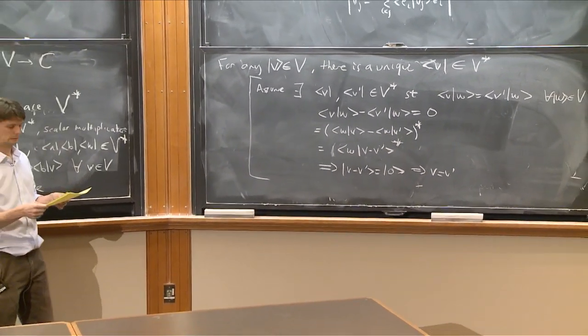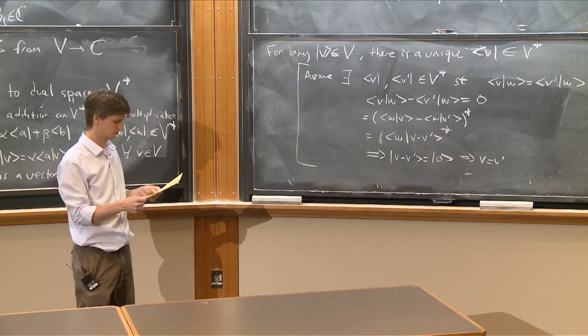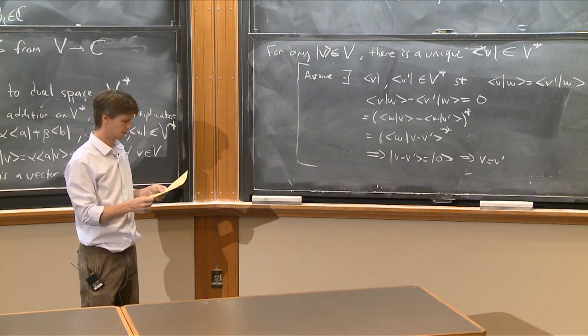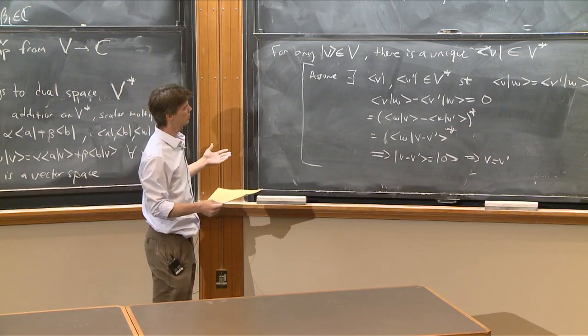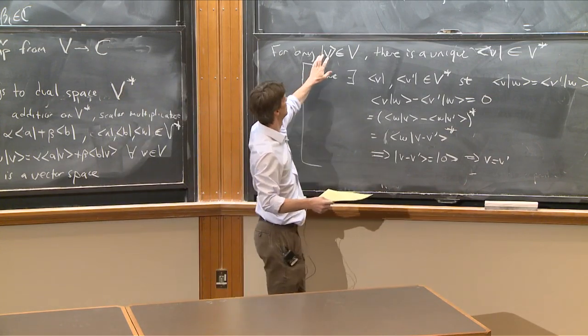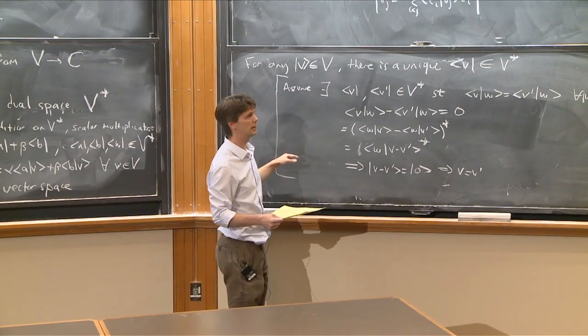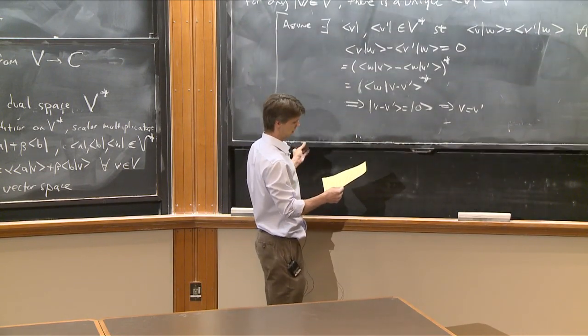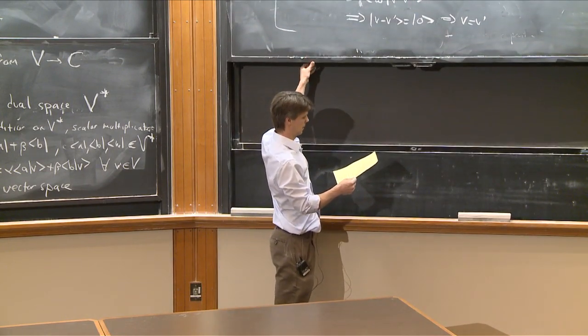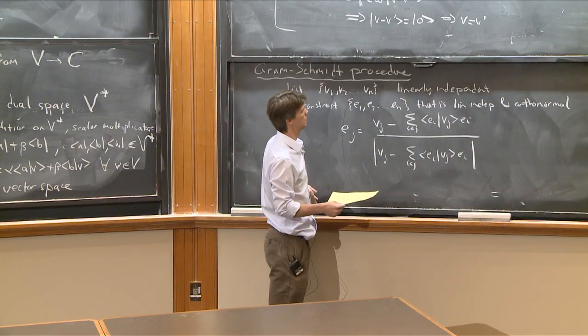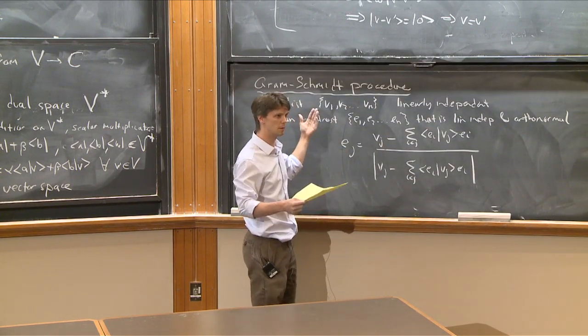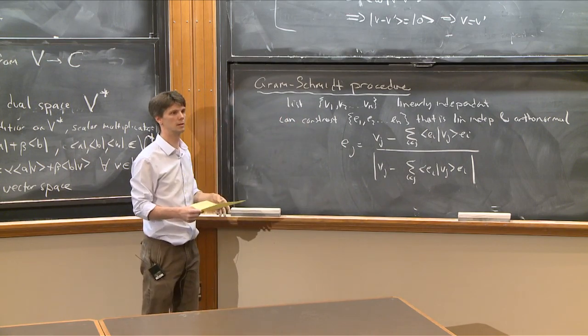Okay, let's see. And so we actually have really a one-to-one correspondence between things in the vector space and things in the dual space. And so we can actually label the bras by the same thing that's labeling the kets, right?